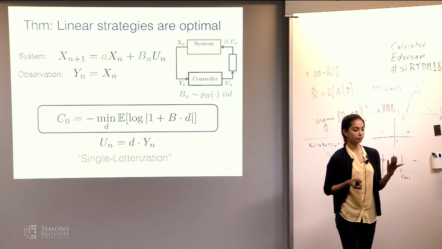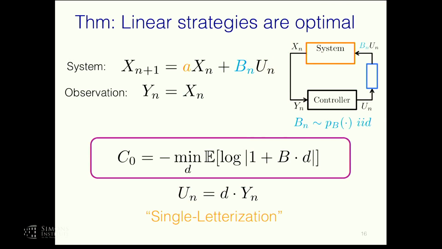The nice thing we see as a byproduct is that linear strategies are optimal, in the sense that any A that can be stabilized can also be stabilized by a linear strategy. I'm thinking about stability in the sense of stability in probability.